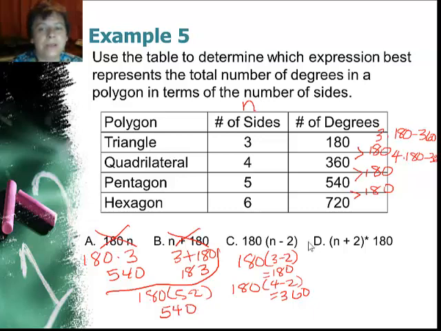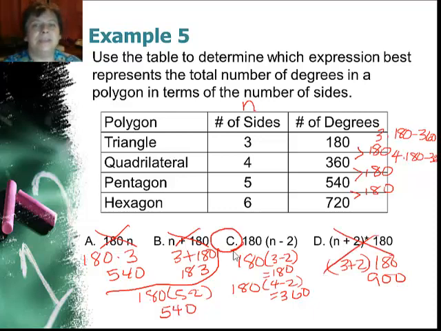So far, C looks like it's working. Let's try one more. 3 plus 2 times 180. Well, that would be 5 times 180, and that would be 900. That's wrong. So your answer in this case is C.